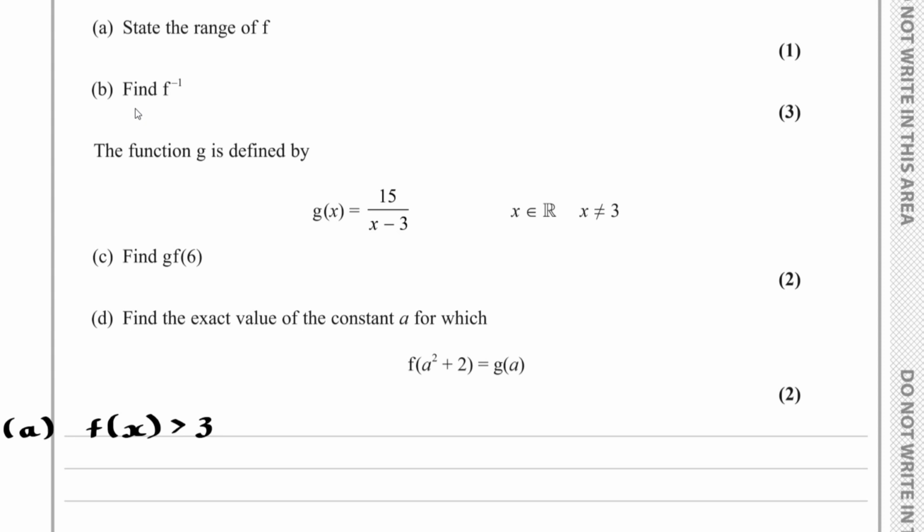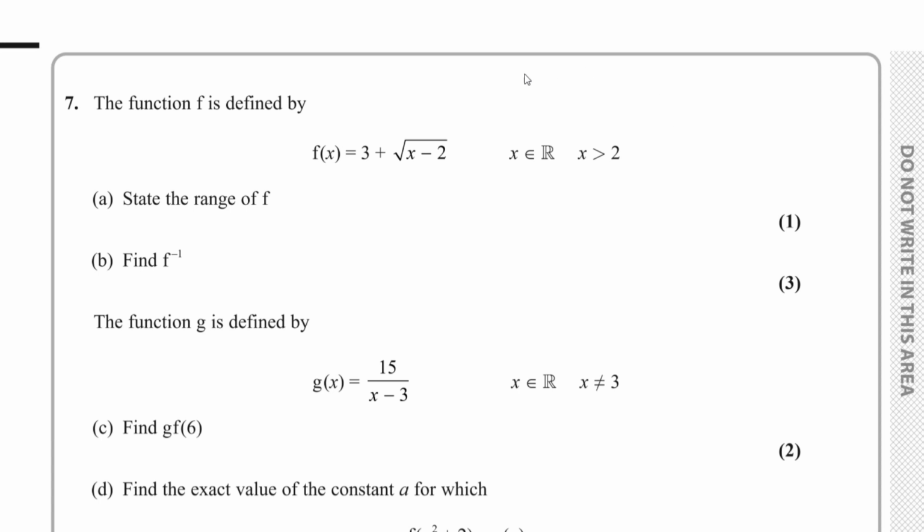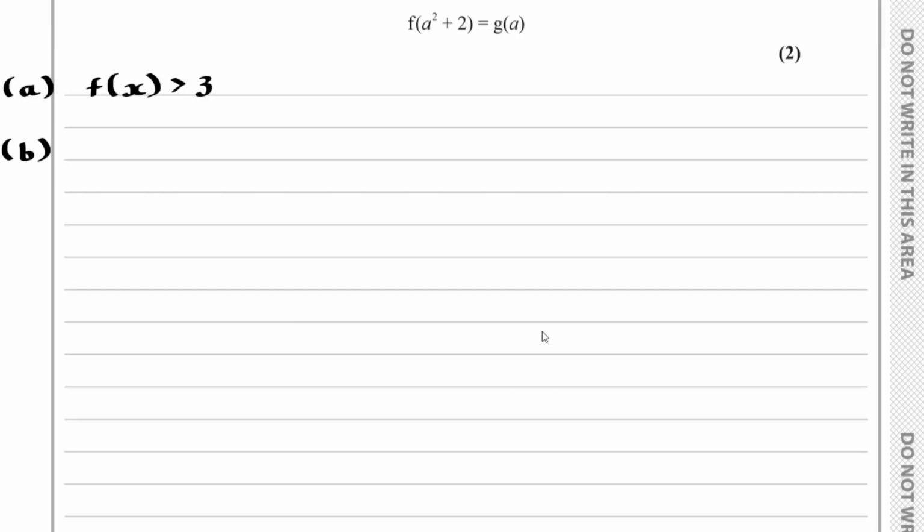Part B, find the inverse function of f. To find the inverse function, our first step is to replace the f of x with a y. So we have y equals 3 plus the square root of x subtract 2. We now need to rearrange for x.